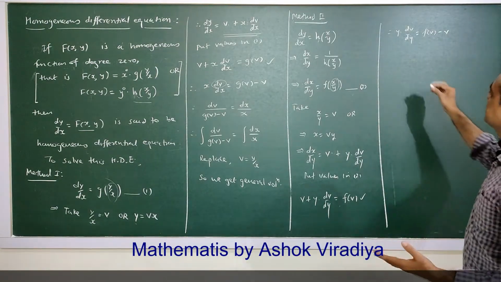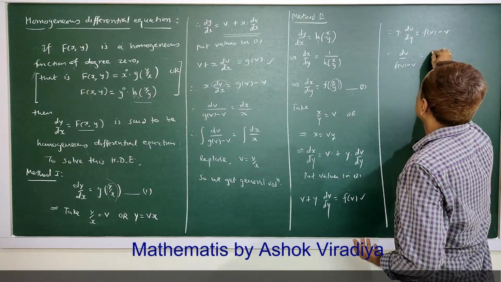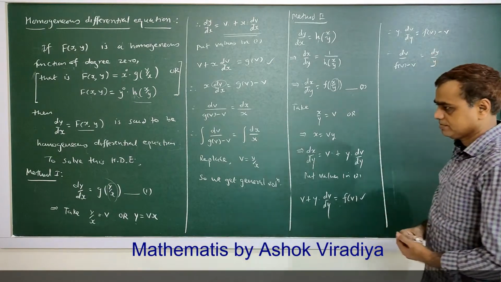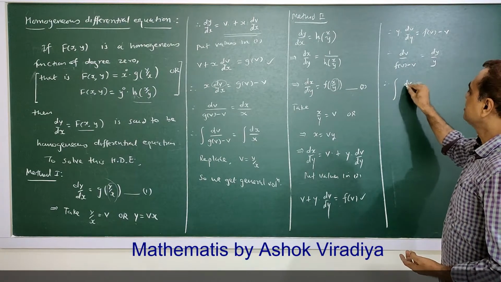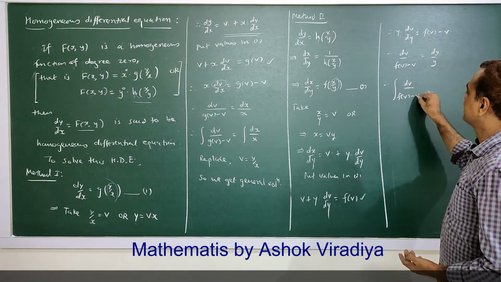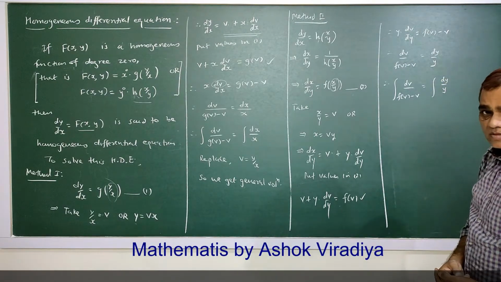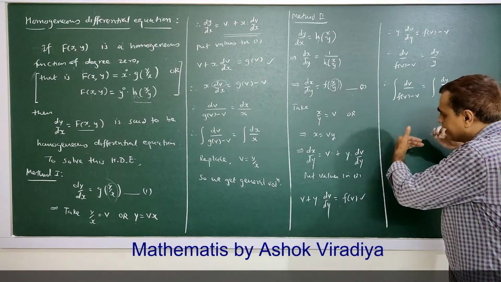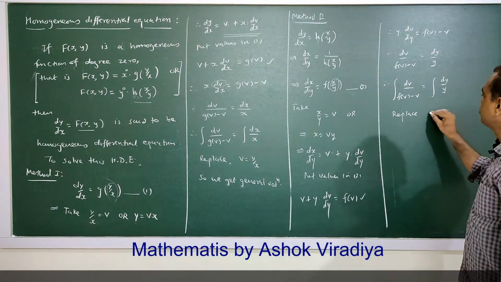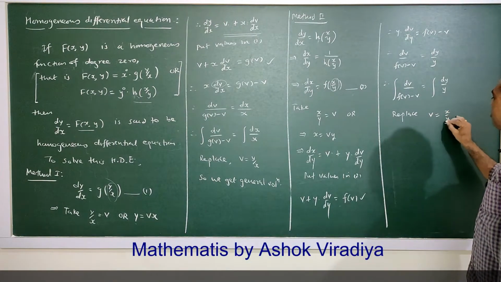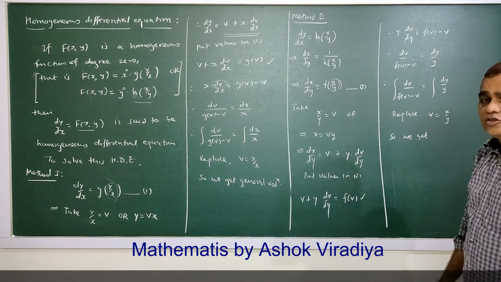Now we convert this into variable separable form. So dv upon f of v minus v is dy upon y. Now integrating on both the sides, dv upon f of v minus v is dy upon y. And after getting integrals, replace the value of v by x upon y. So we get the general solution.